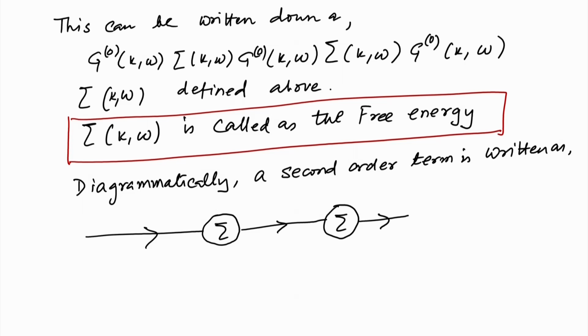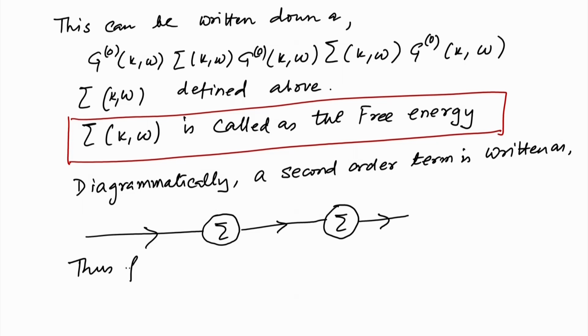So, at the second order we have 2 such sigmas, and in the third order there will be 3 such sigmas, and if we consider an infinite series, then we can write down a full Green's function.